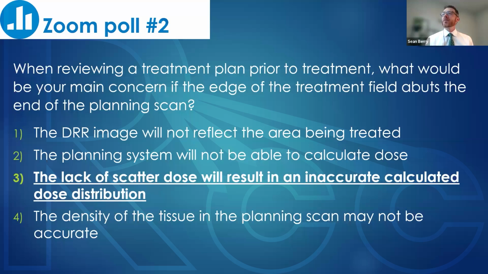There's a couple of AAPM MPPG reports, which do have some information about how to commission your planning system. That's MPPG5. And there's another one for SRS, SBRT, which is MPPG9. And those do have some recommendations about slice thickness.